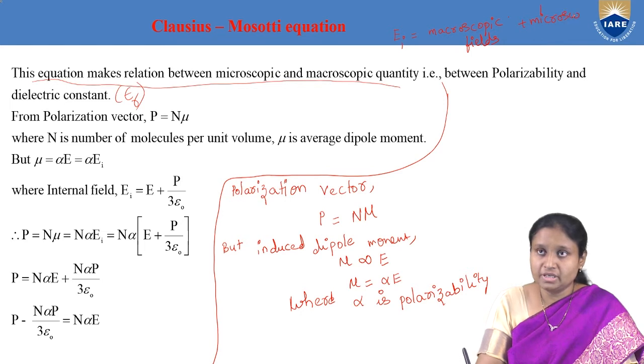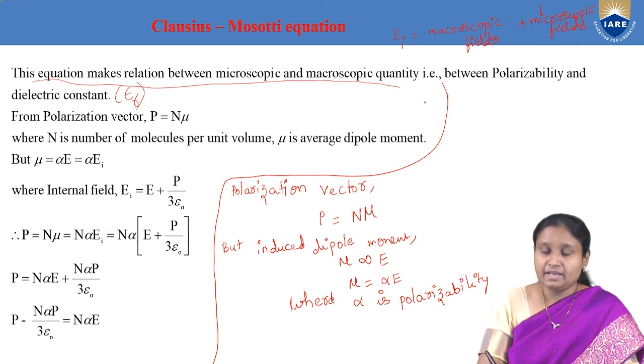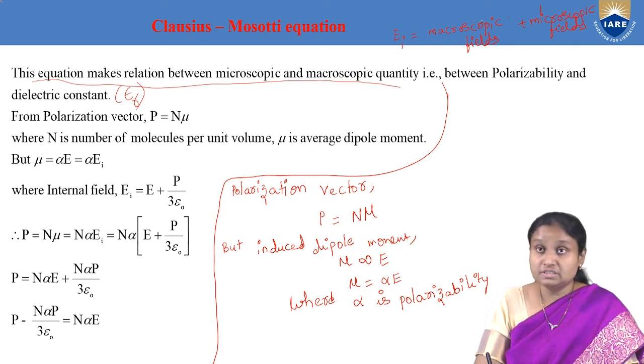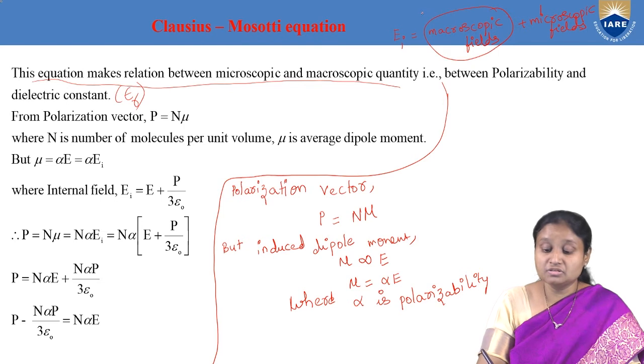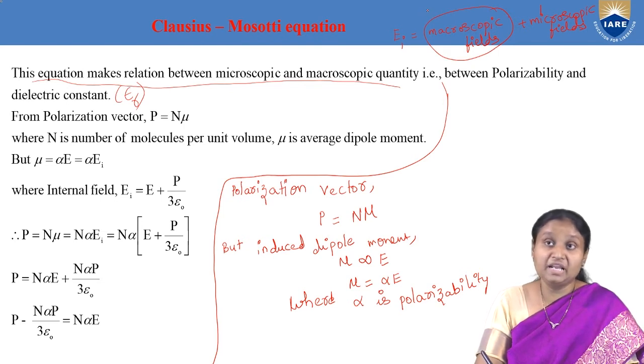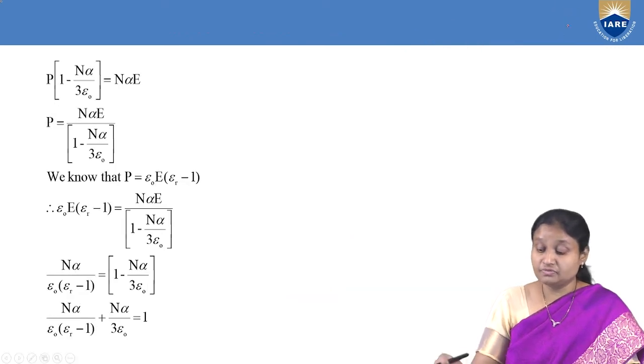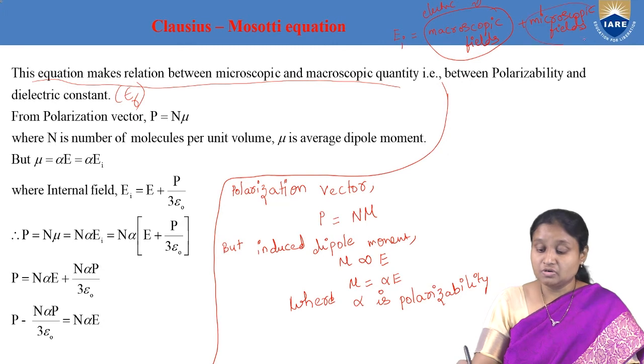This internal field, of course, has macroscopic fields because of the externally applied electric field, whereas the microscopic field is because of the dipoles, that is, because of dipole formation within the material.